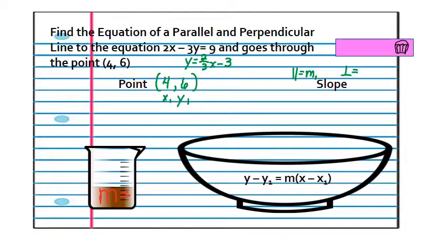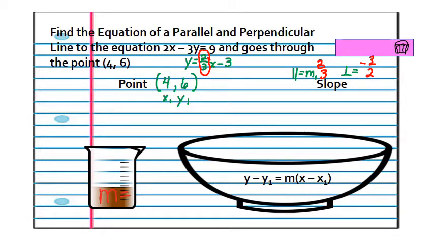Very good. That's going to allow us to notice that the slope of something that is parallel is the same. So it's going to be 2 over 3. And the perpendicular opposite reciprocal is going to be a negative, because the other was positive, 3 over 2.